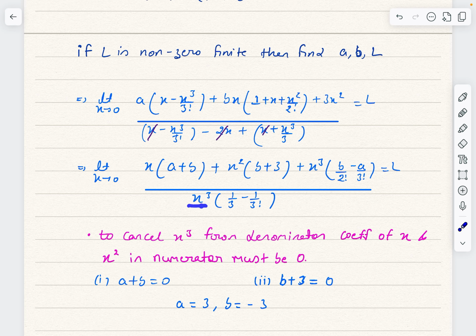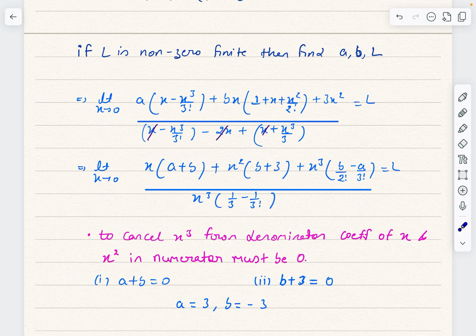The x cube should get cancelled out. And how will you get x cube cancelled from the denominator? The coefficient of x and the coefficient of x square in the numerator must be 0. If this becomes 0 and this becomes 0, then we can cancel x cube, no?